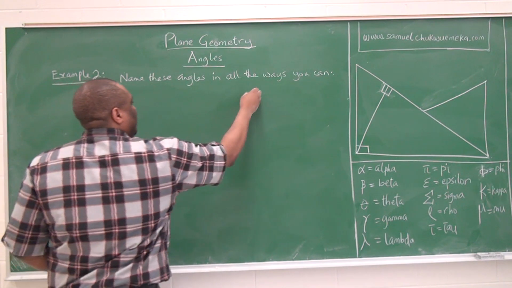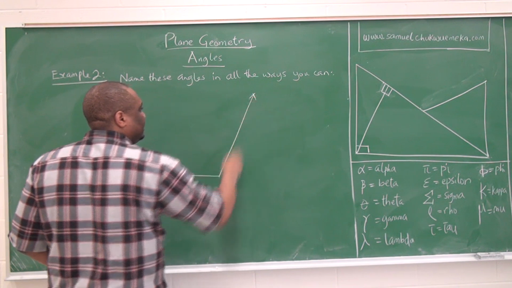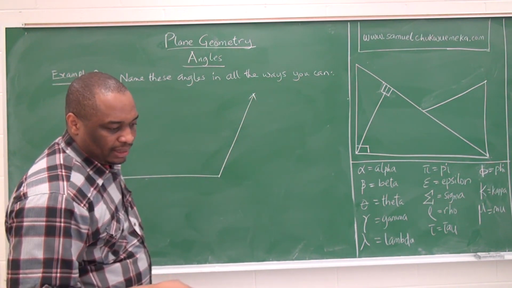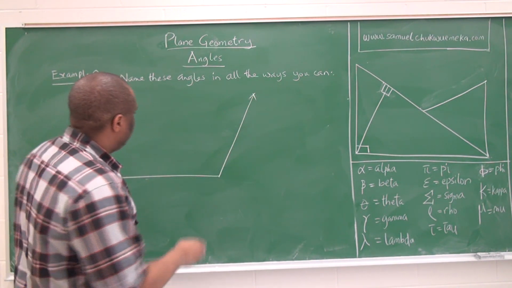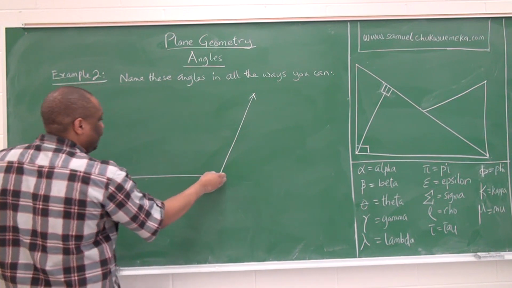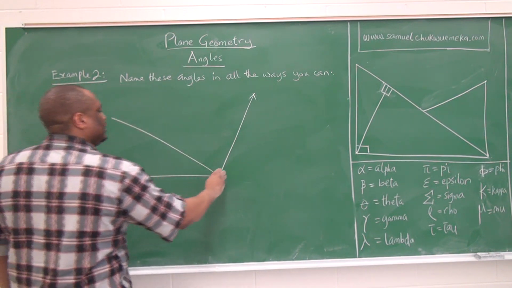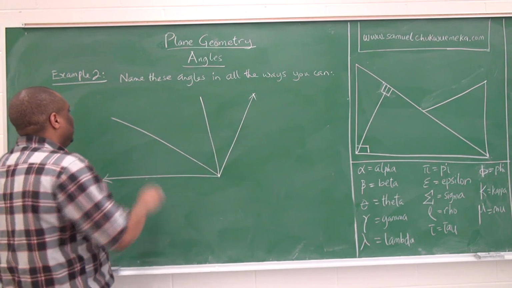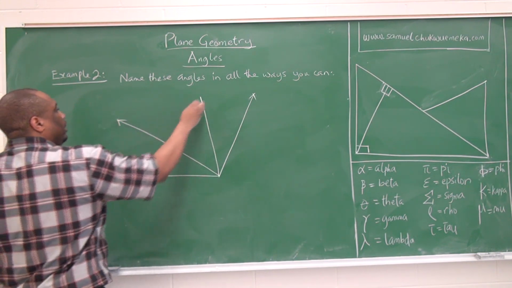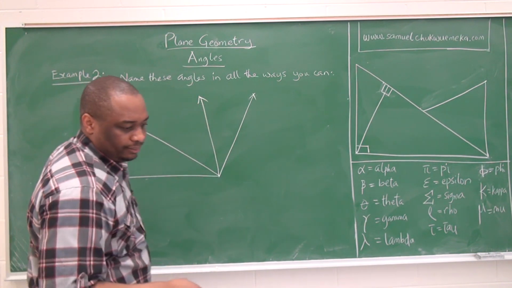Let's see where the point is a vertex to several rays. Let's have this, and we have this as well. This way and this way.